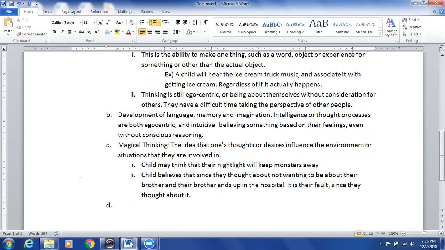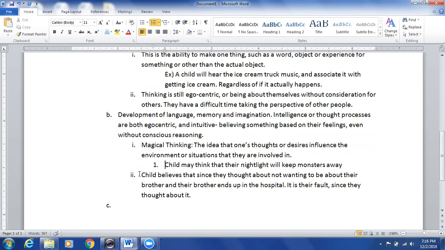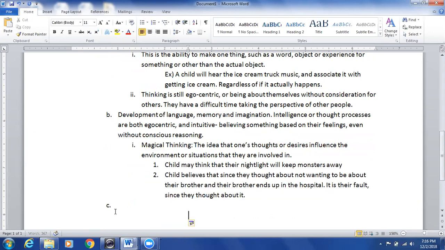Another component within this is a thought called symbolic functioning. This is another milestone within this.